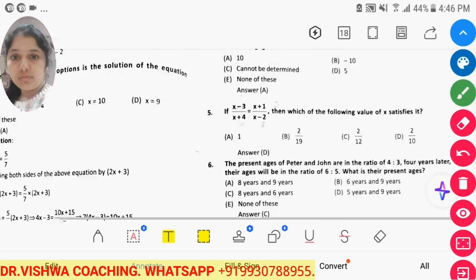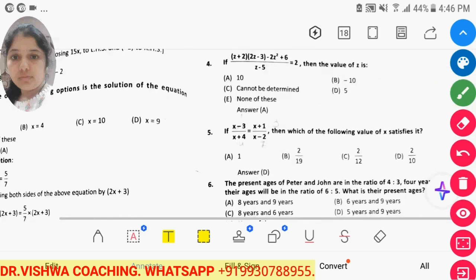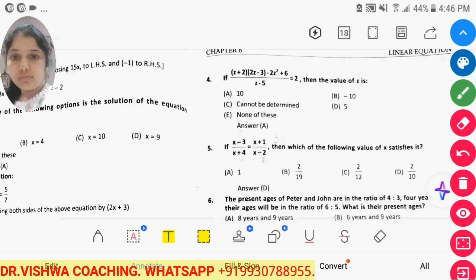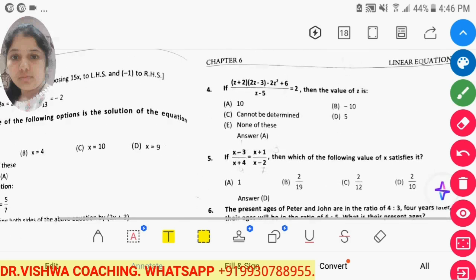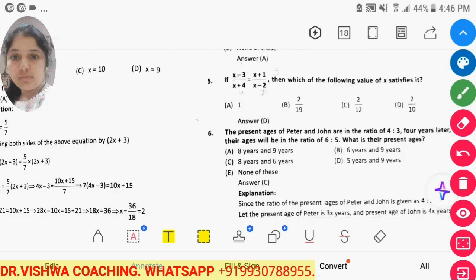This is the way to solve the equation. Again here the same thing: you have to transpose something to the left hand side, something to the right hand side, and then arrange the equation in such a way that the variable comes to one side and the constant term comes to the other side.